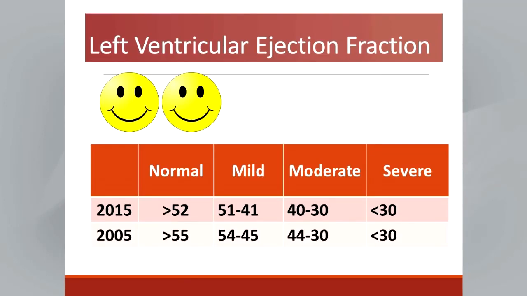We have a slight change in left ventricular ejection fraction from the 2005 to the 2015 guidelines, and you can see that our normal values are now slightly lower. 52 is the normal cutoff value.